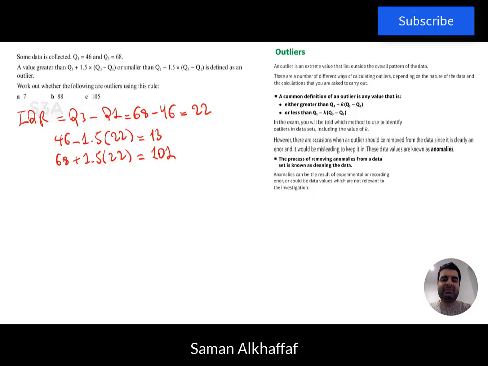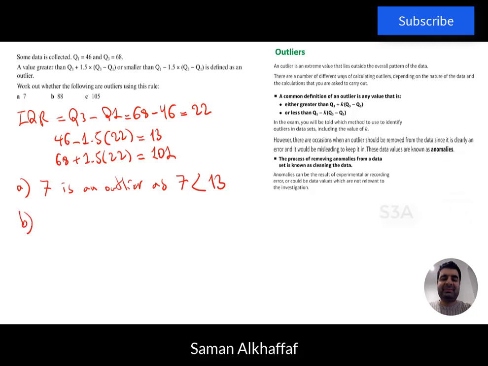So now we can work out whether the following are outliers. So we start with part A. We can see that 7 is an outlier, as 7 is smaller than 13.